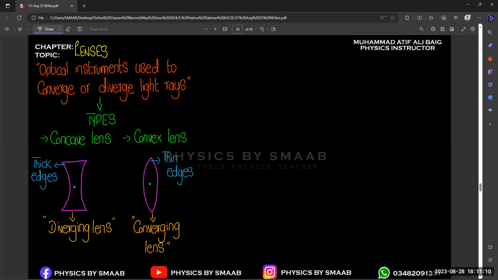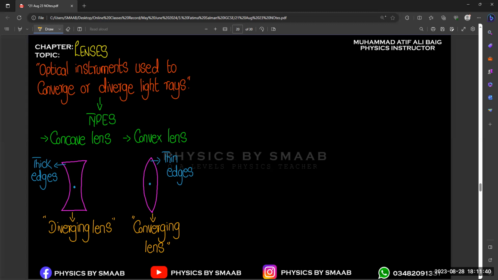Okay, one of the most important things is that in your exam it is not compulsory that they always give you the lens in the same shape. They usually draw a diagram for that, right? So sometimes you find a complete lens and sometimes you will just get a straight line. The name will always be mentioned in the question, that we are using a convex lens, so you need to know the properties of the convex lens by yourself.